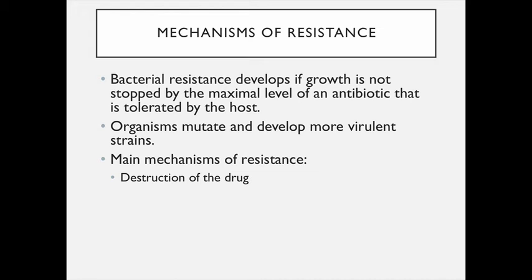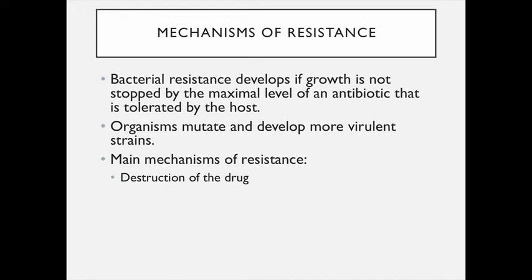So one mechanism of resistance is the destruction of the drug. Essentially, the microbe can produce enzymes that can destroy or deactivate the drug. When we get into our individual classes, we'll see that when we talk about the beta-lactam family of anti-infectives, they all share a similar structure.